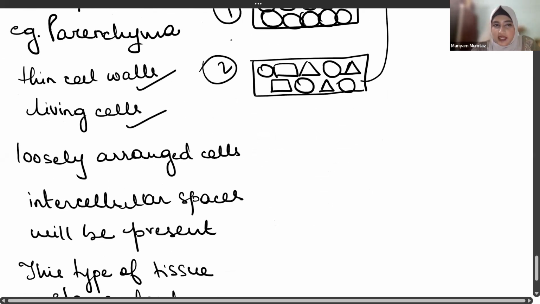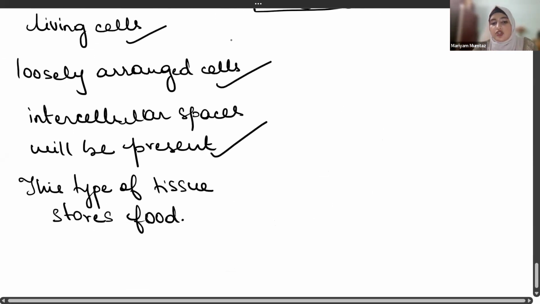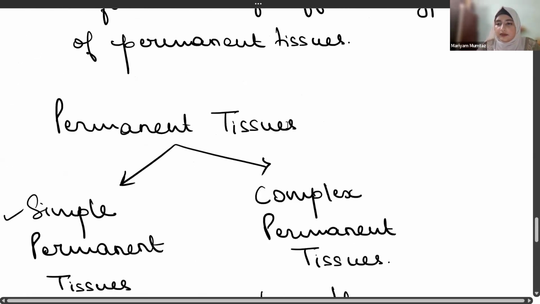They have thin cell walls, living cells are present, the cells are loosely arranged, and intercellular spaces are present. Since intercellular spaces are there, the cells are loosely arranged, randomly placed, with spaces in between. And this type of tissue stores the food. Food storage is the function. Is it clear? The whole characters are clear to you?